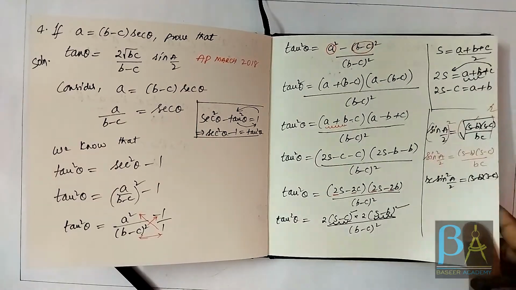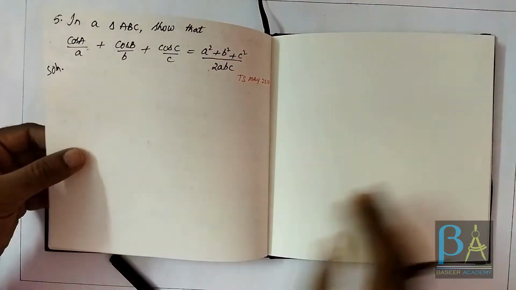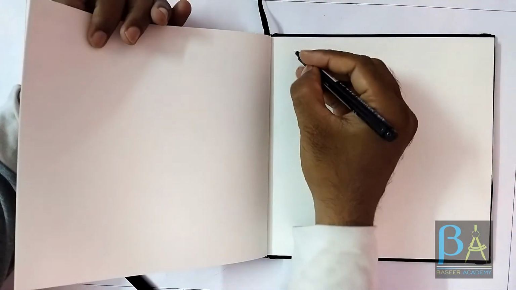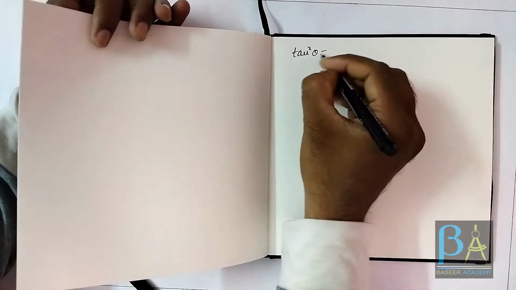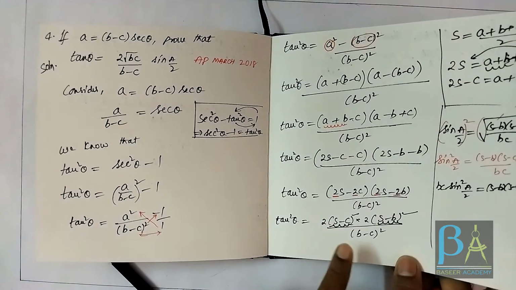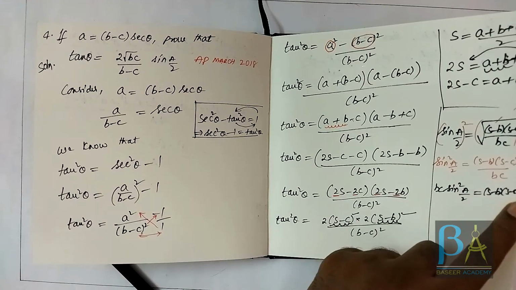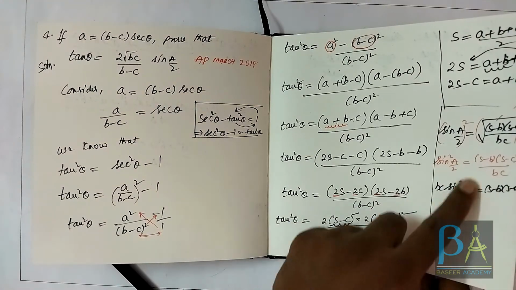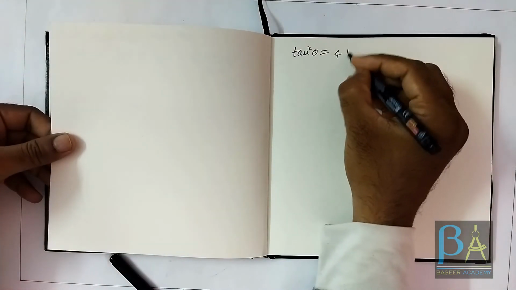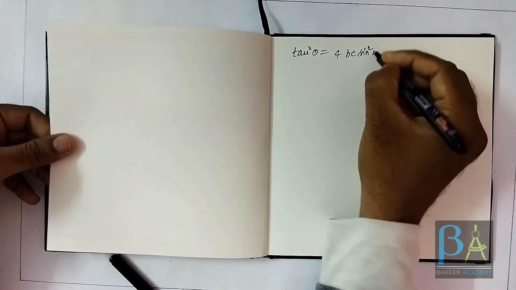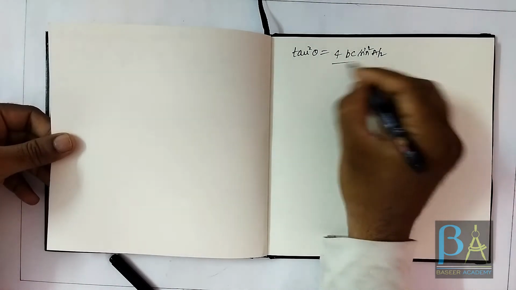I don't have enough space in this page, so I'm going to move on to another page here. So tan square theta is equal to 2 into 2, that gives me 4, s minus b into s minus c. In place of s minus b into s minus c, I can write bc sine square a by 2.